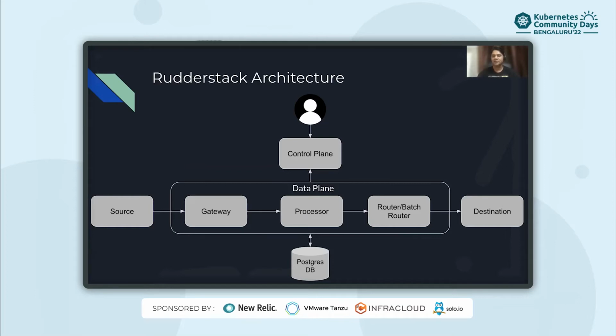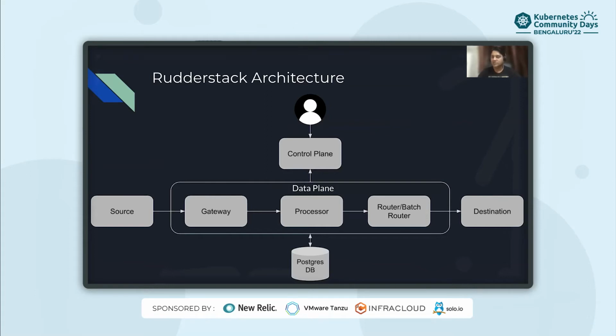The control plane is the place where we store all the configuration and all the observability, everything needed to get complete visibility on how the data pipeline is working. But the core aspect, same as in Kubernetes where the core things run on different worker nodes, is the data plane, which processes all the events flowing through it.